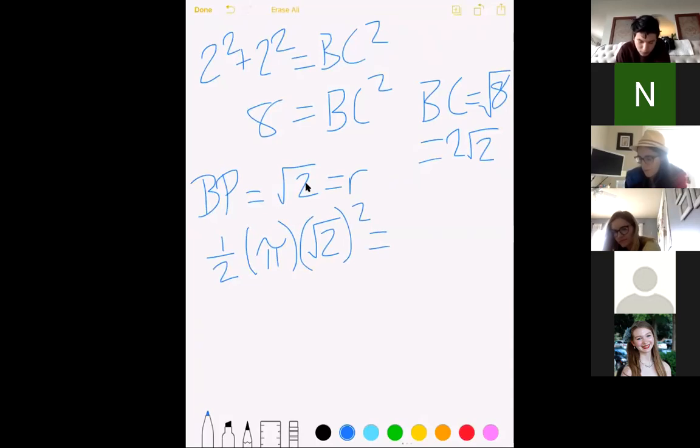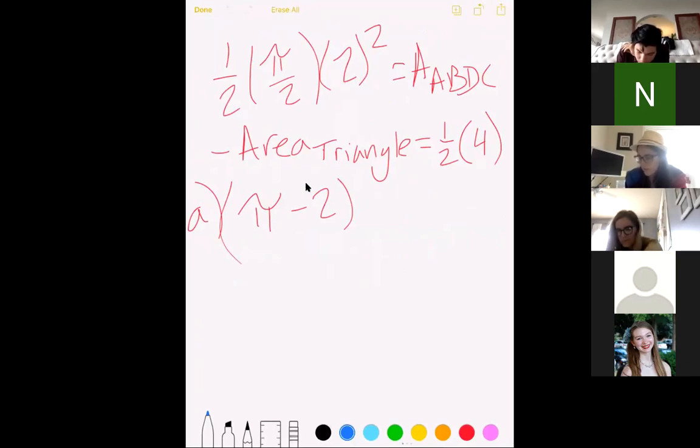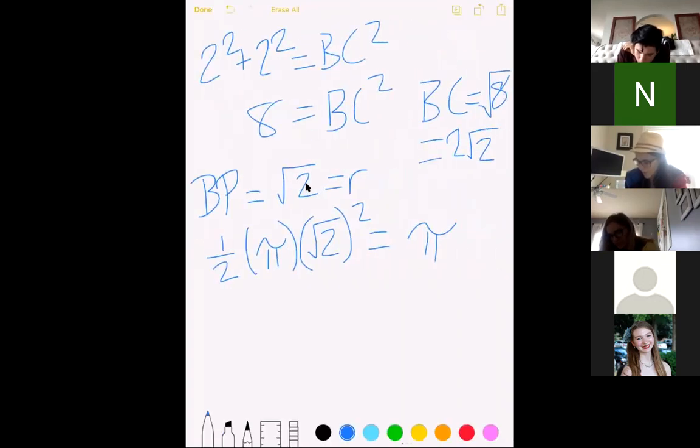So the area of the bigger circle would be pi. So in order to find the shaded region, we would do pi minus the area of ABDC, which was pi. So I got pi minus pi, which is 0. So that can't be right.